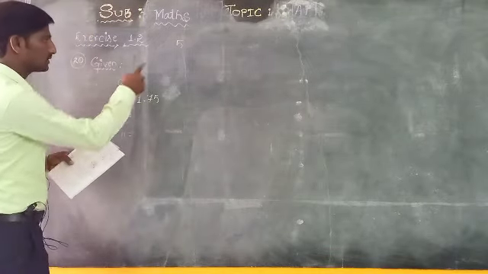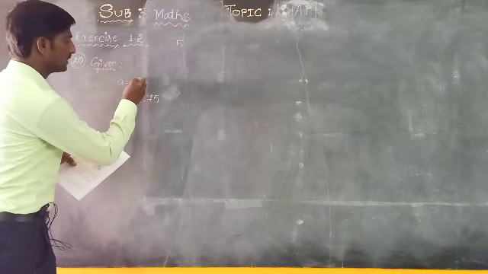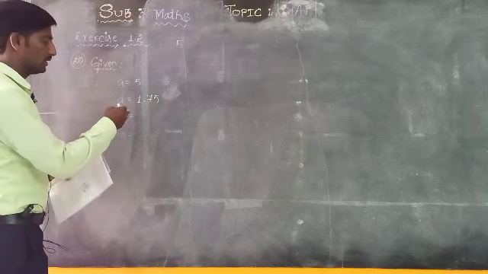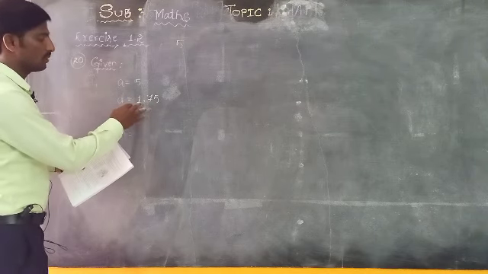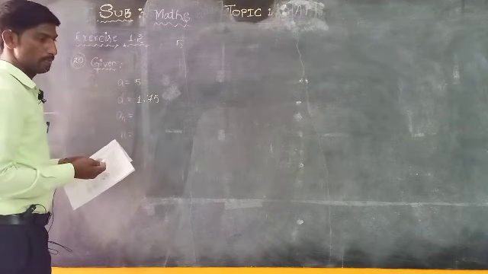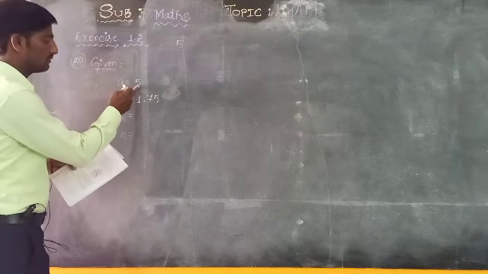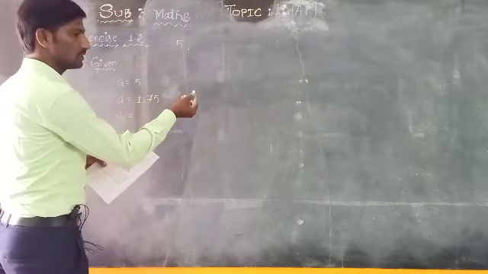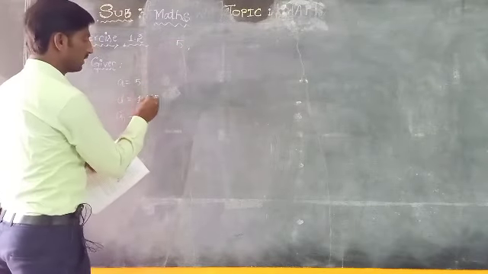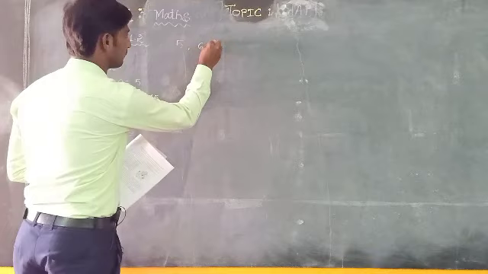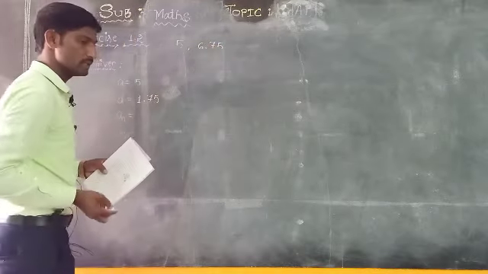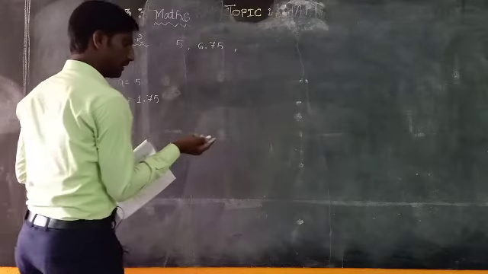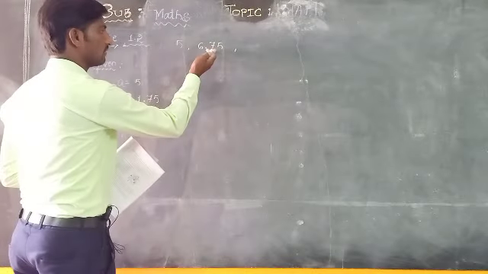The a value is the first week's savings, 5 rupees, and each week she saves 1.75 more, so the common difference is 1.75. Next week her savings is 5 plus 1.75, which becomes 6.75. Again, for the third term, just add the common difference to the second term.